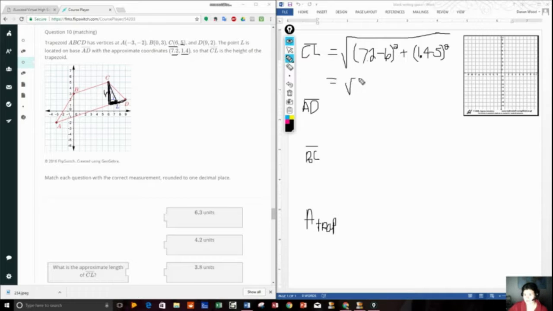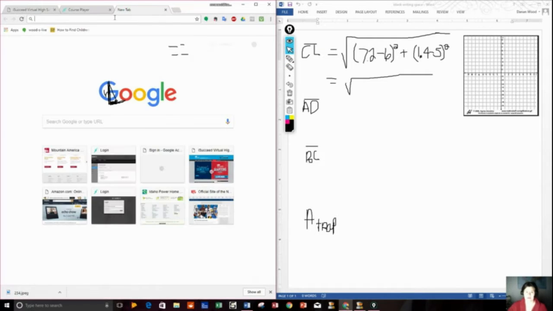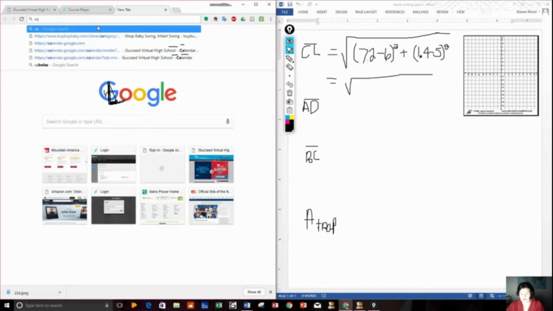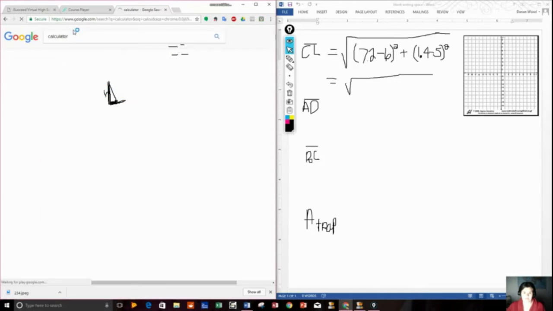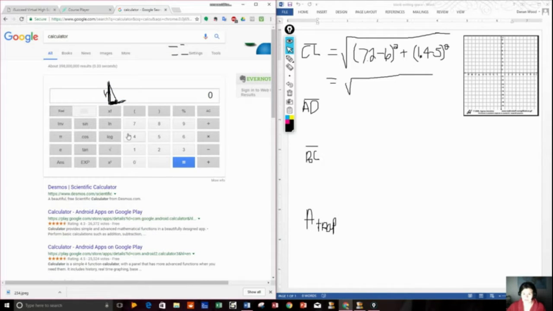Okay, and then we will equal the square root of, now I will come over here and ask for a calculator. And I will type in 7.2 minus 6. That's going to give us 1.2, and it is squared, so I'm going to hit this x to the y and square it right now. So that's 1.44.